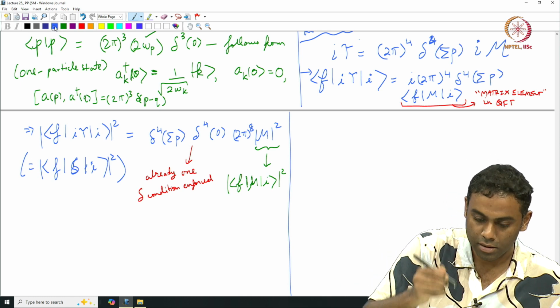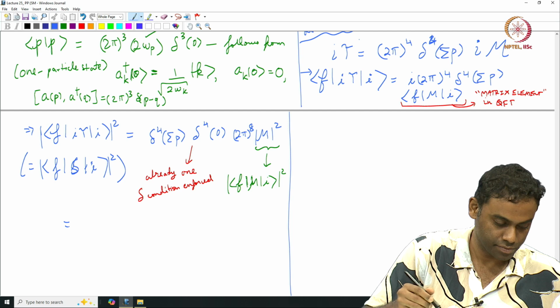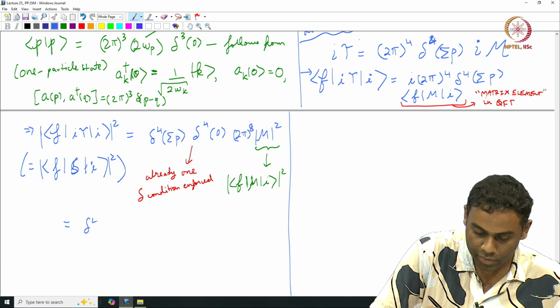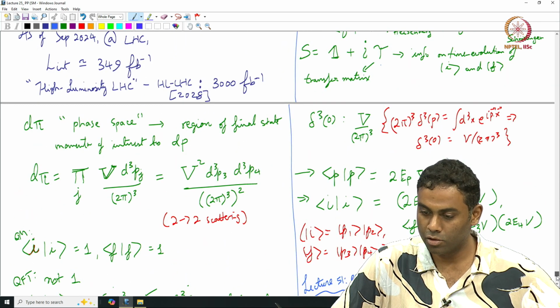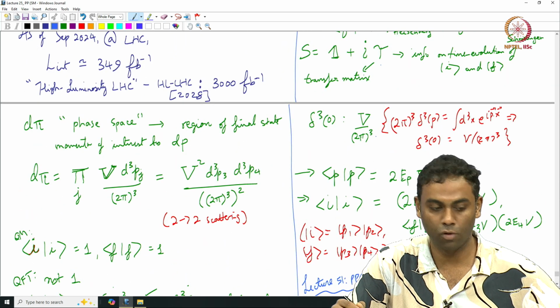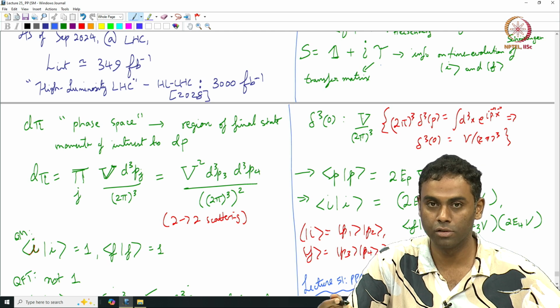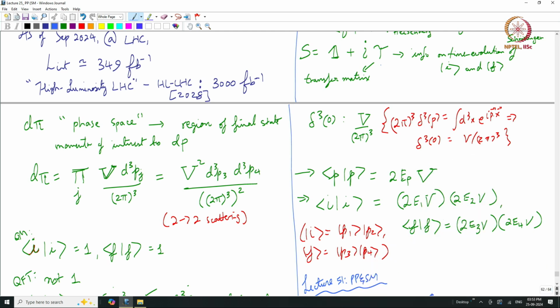Let us slightly simplify that. This is still that. Now, what is delta power 4 of 0? Remember delta power cube 0 was what? The volume over 2 pi cubed. So, wouldn't that also mean that if I have delta power 4 of 0, we are talking about 4 dimensions now, so it is the volume times time divided by 2 pi power 4.